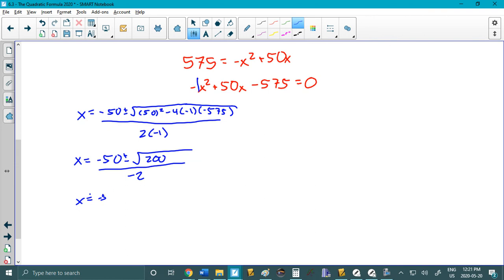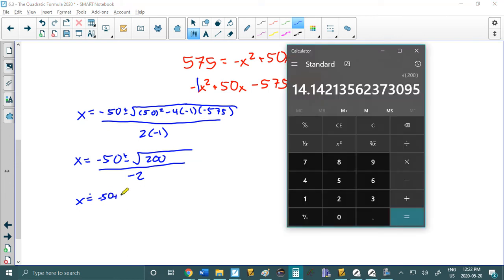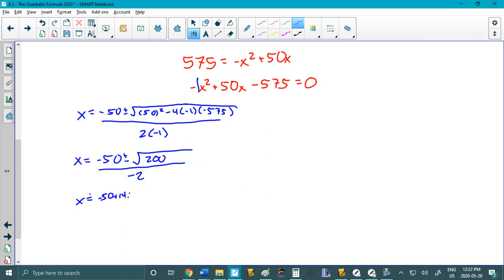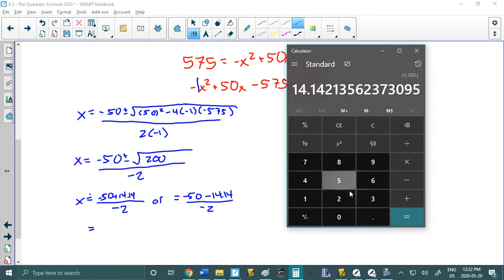Okay, so we get x equals, and the square root of 200 is 14.14. So x is approximately negative 50 plus 14.14 over negative 2, or equal to negative 50 minus 14.14 all over negative 2. So let's do each one here.